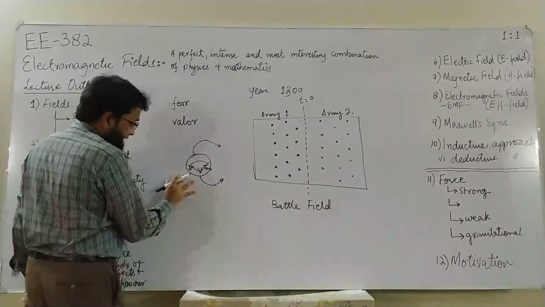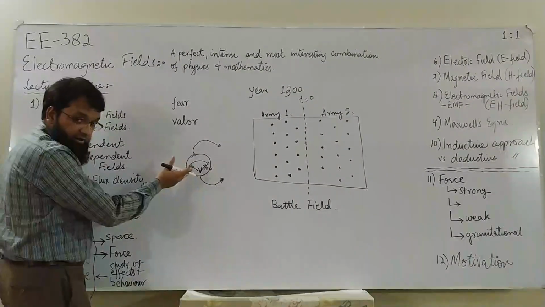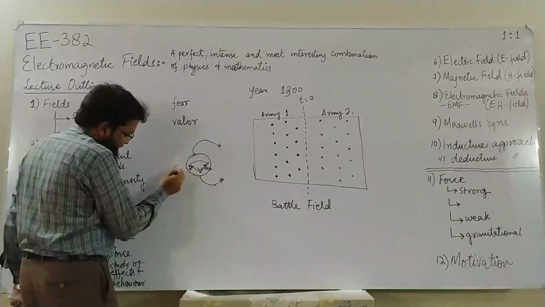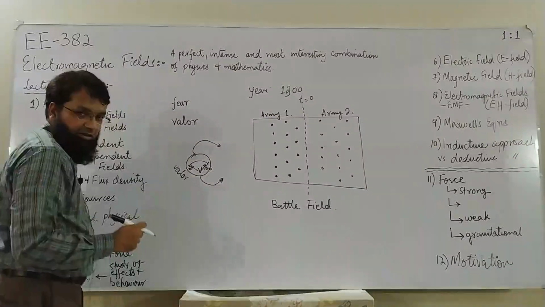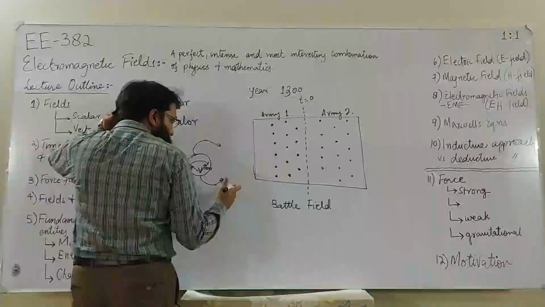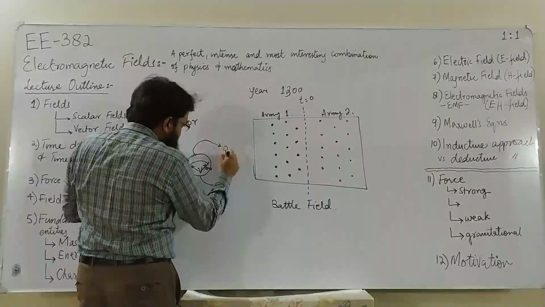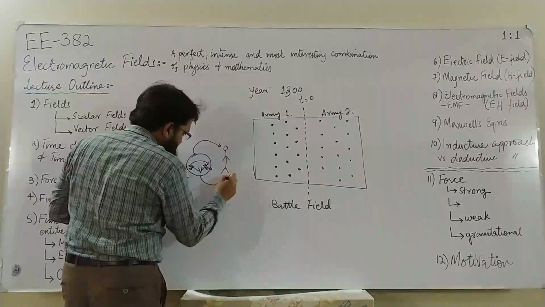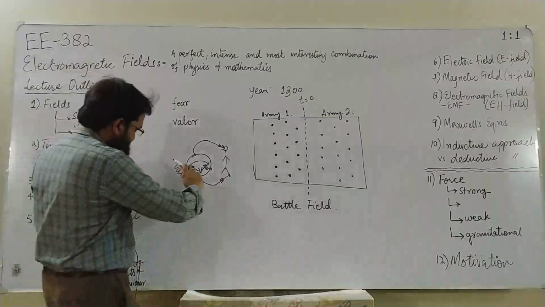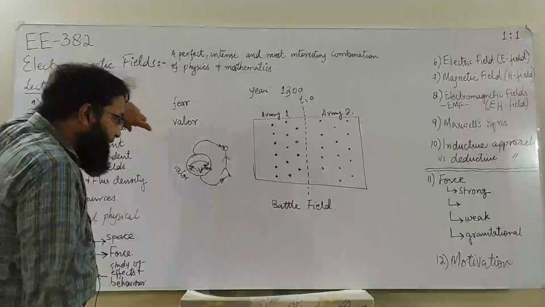Now we have taken a magical instrument based on very advanced electromagnetics and which can measure valor. So what we are doing before the battle starts, we are taking this probe, and we are touching this probe across a soldier, and the pointer tells us how much valor this soldier possesses.